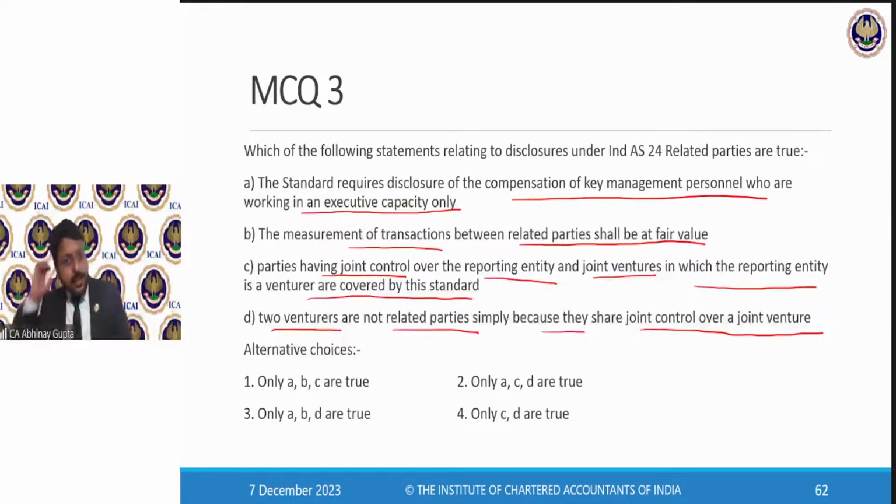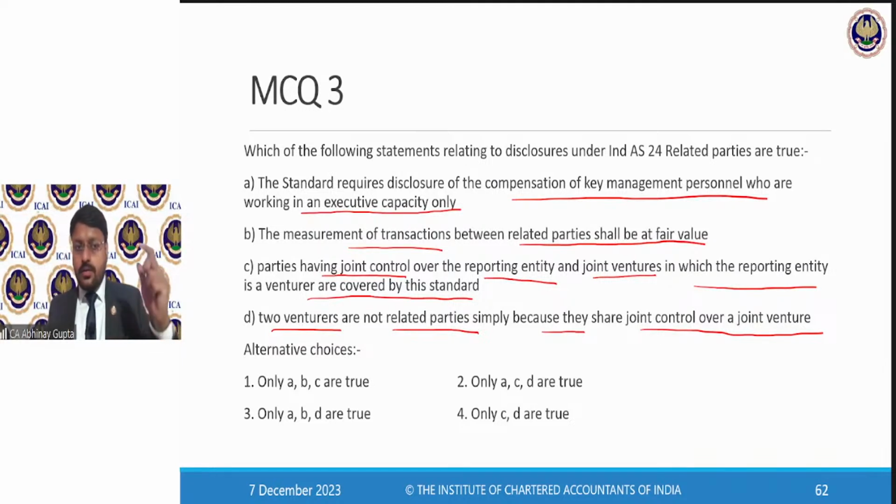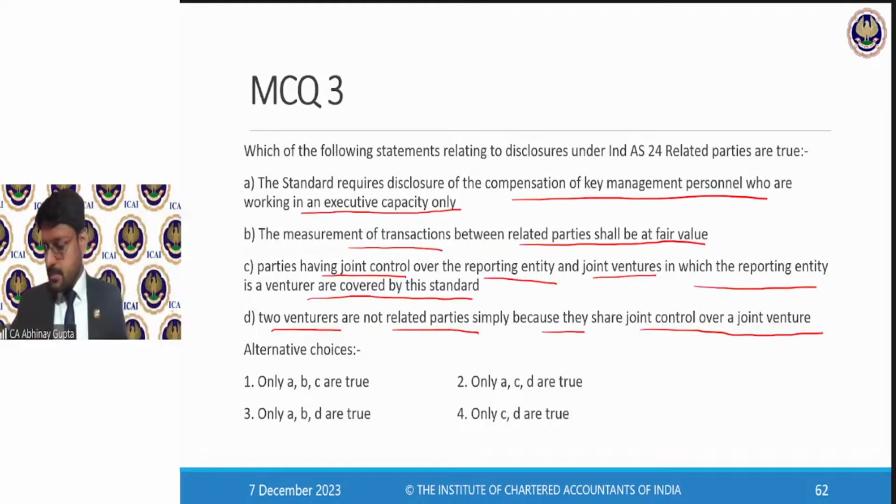So this is how the MCQs start becoming tricky, because first we need to understand which options are true, then match up the options given in alternative choices and come up with the correct answer. And this can happen only if we are crystal clear on the standard. Okay, so 1, 2, 3, 4.